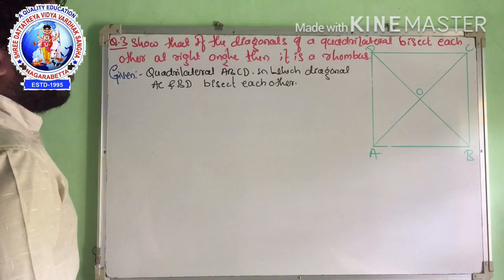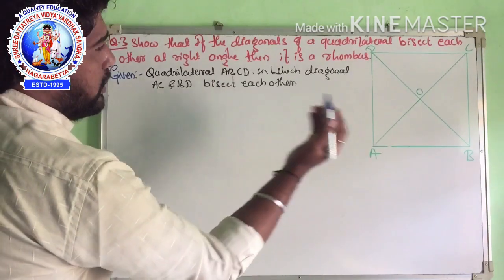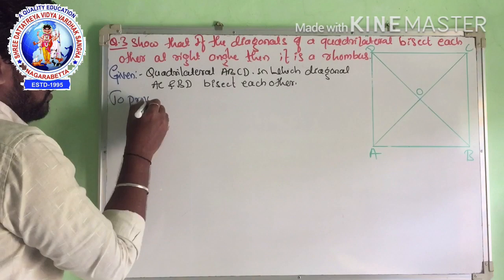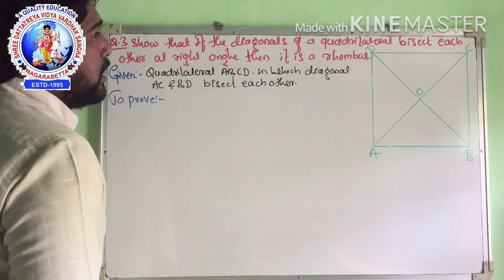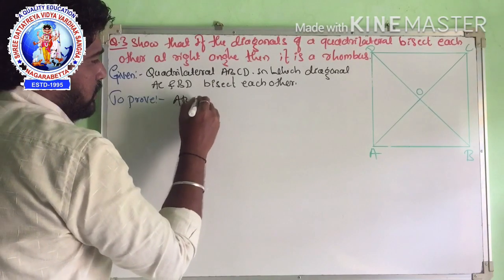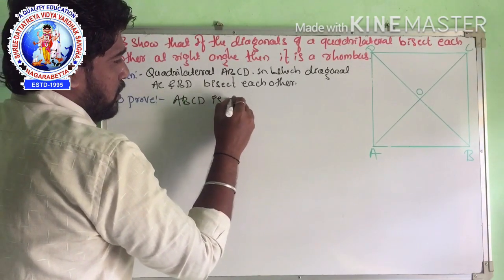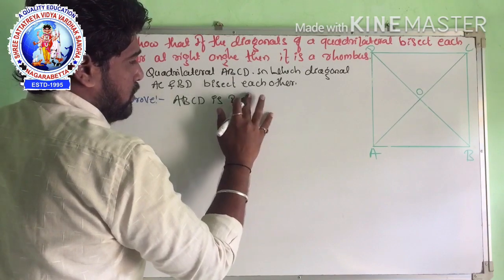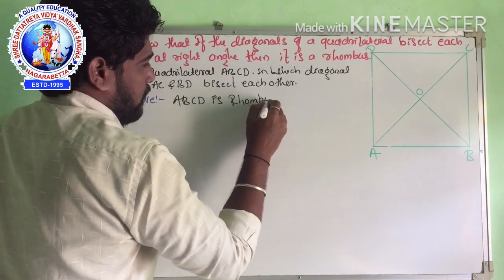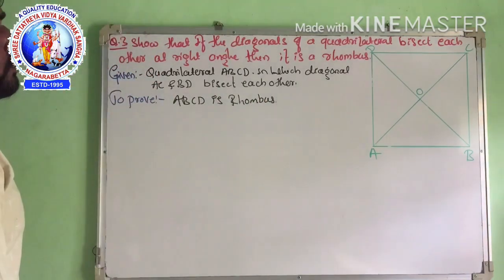Right? So to prove, what we want to prove here: ABCD is a rhombus. Right? So, proof.